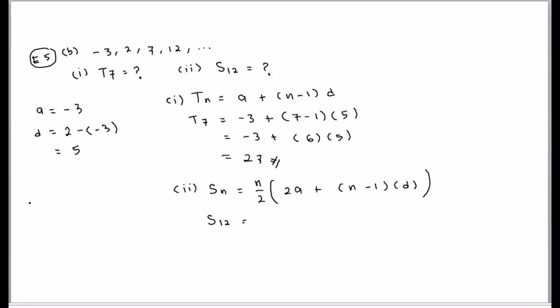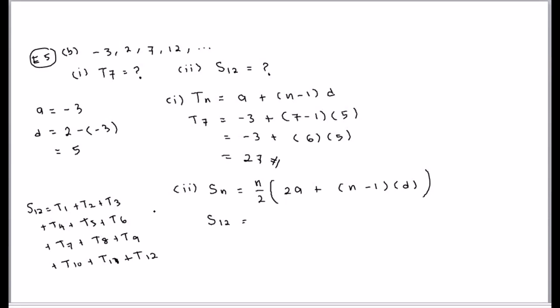Okay, so S12, I can show you here. S12 is T1 plus T2 plus T3 plus T4 plus T5 plus T6 plus T7 plus T8 plus T9 plus T10 plus T11 plus T12. So the addition from T1 until T12 is S12. Okay, sum of 12 terms.